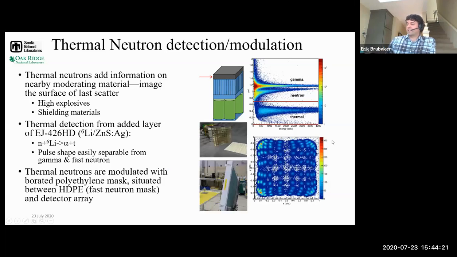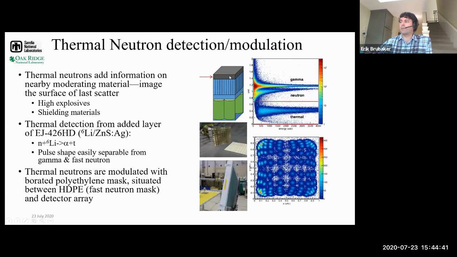All right, and then the final thing to say here is that we also added a thermal neutron capability by adding a screen of lithium-6 zinc sulfide scintillator on the far end of these plastic scintillator pixels.